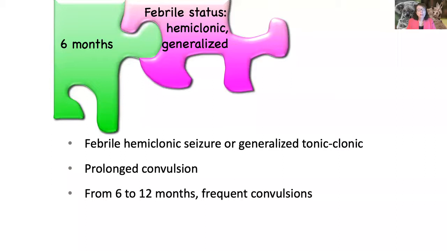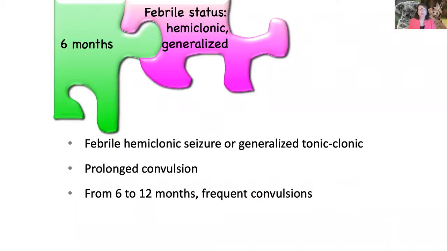So the first seizure in Dravet syndrome is considered usually to be an episode of febrile status epilepticus with jerking either down one side or a generalized or bilateral tonic-clonic seizure, with stiffening for the tonic and clonic, meaning the jerking, with a prolonged seizure, with onset usually between 6 and 12 months of age.